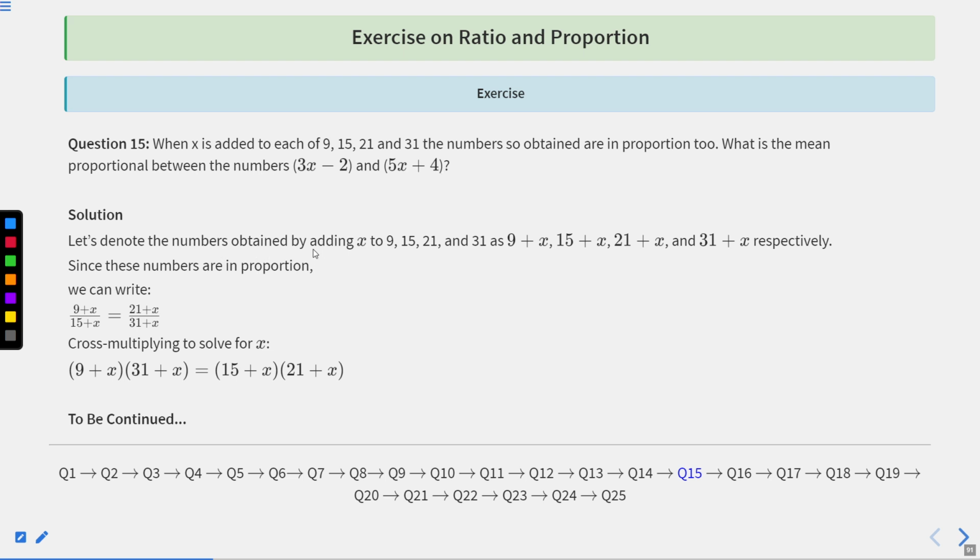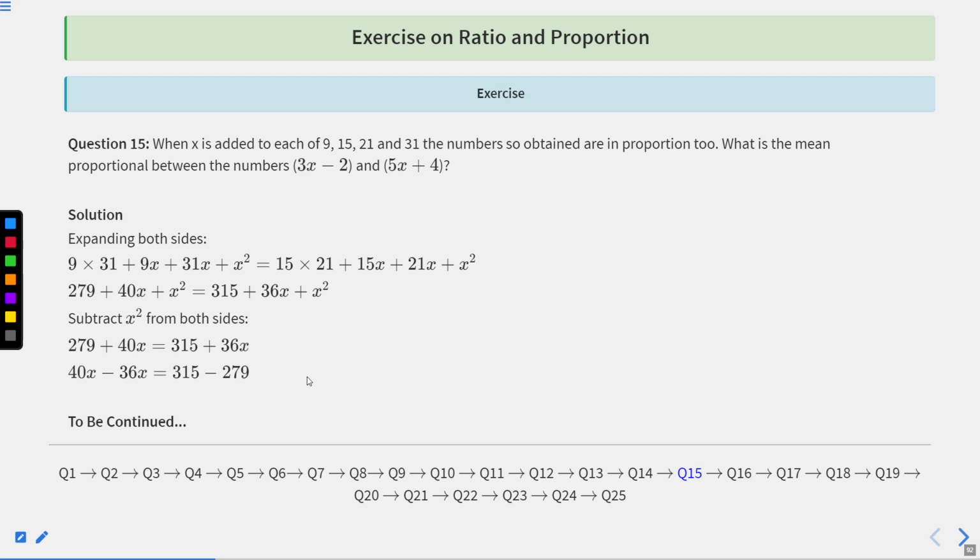Let's denote the numbers obtained by adding x to 9, 15, 21 and 31 as 9 plus x, 15 plus x, 21 plus x and 31 plus x respectively. Since these numbers are in proportion, we can write 9 plus x upon 15 plus x equal to 21 plus x upon 31 plus x. And when you do the cross multiplication, you will be left with 9 plus x times 31 plus x equal to 15 plus x times 21 plus x.